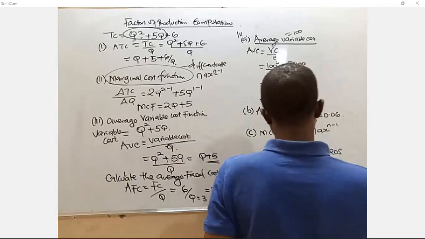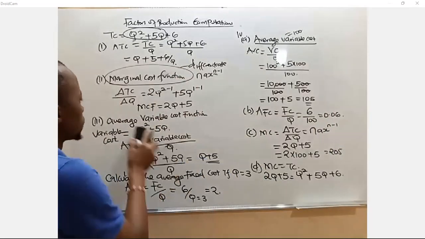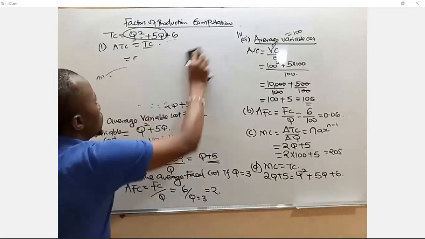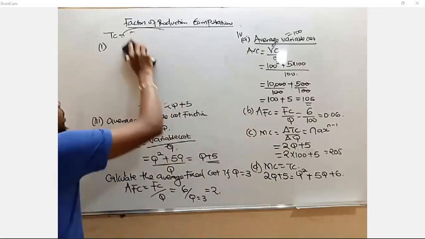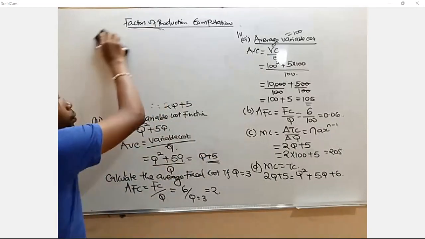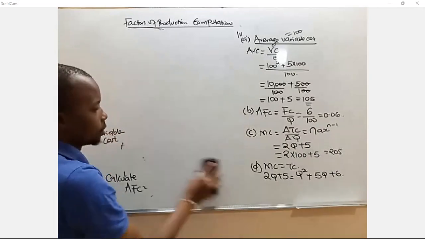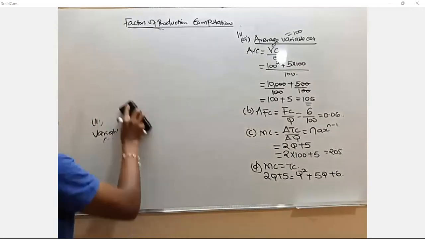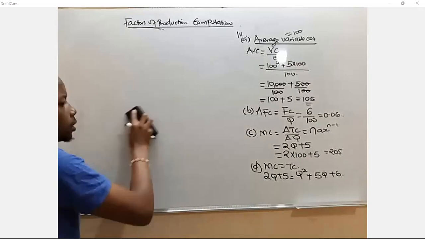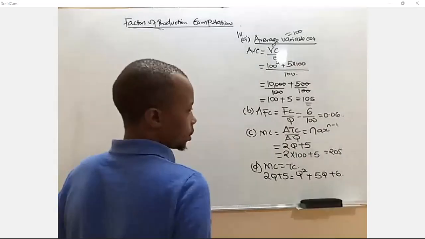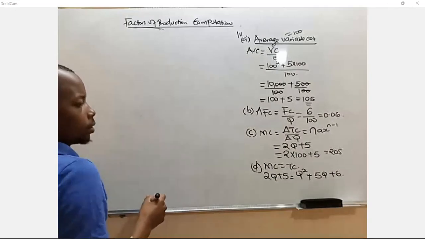I said last time, can we put the like terms together? Yes, we can do so. So it will be equal to q squared.